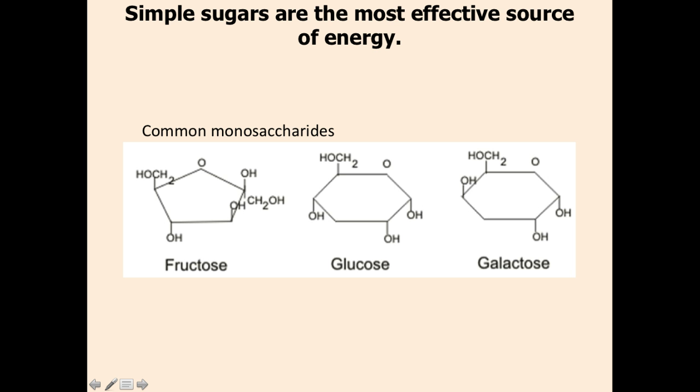And we can see a pentose, a pentagonal shape, in fructose, and glucose, which is important in table sugar, is hexagonal, and galactose, which is a milk sugar, is also hexagonal. So these monosaccharides are going to be the most effective in terms of your energy right now when you need it.